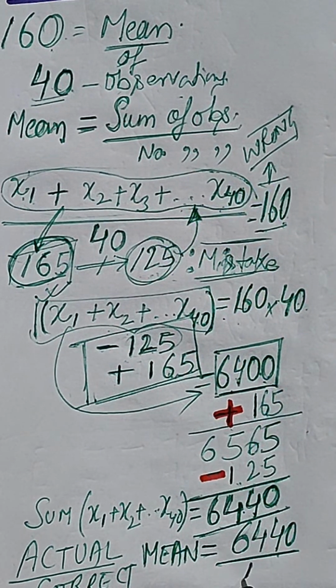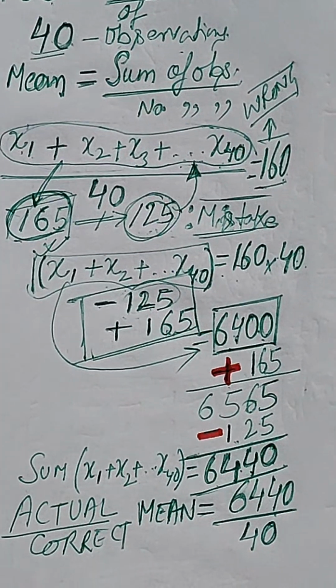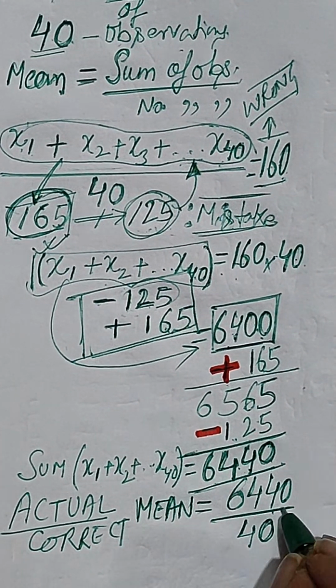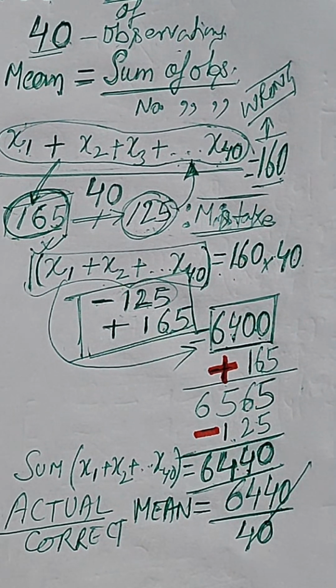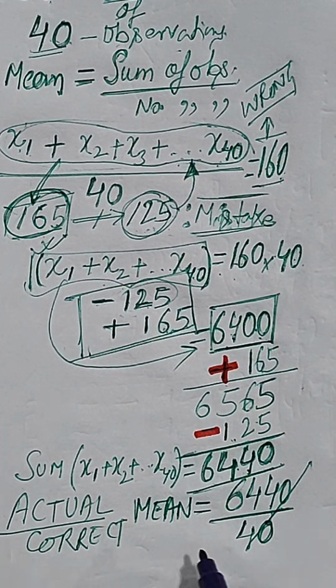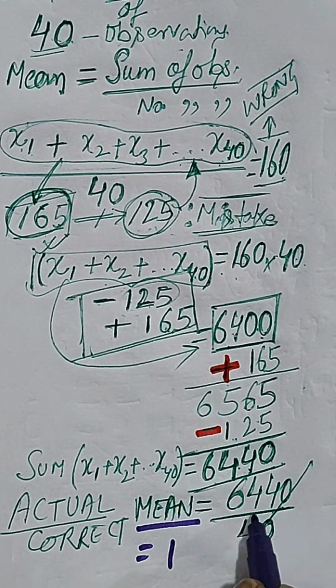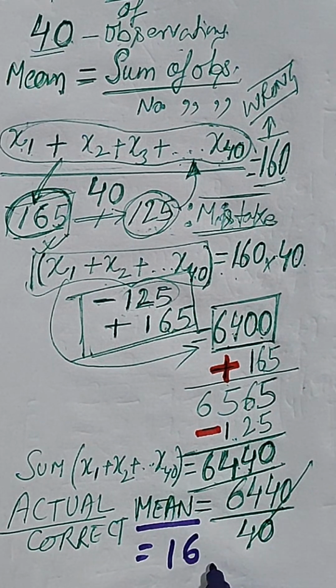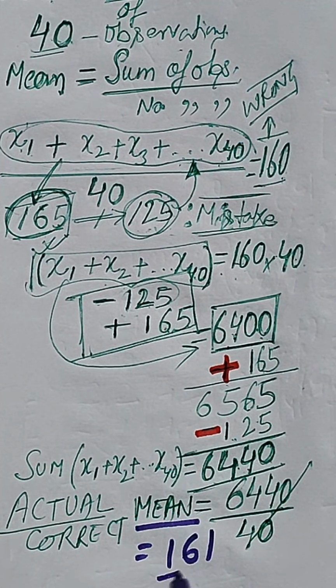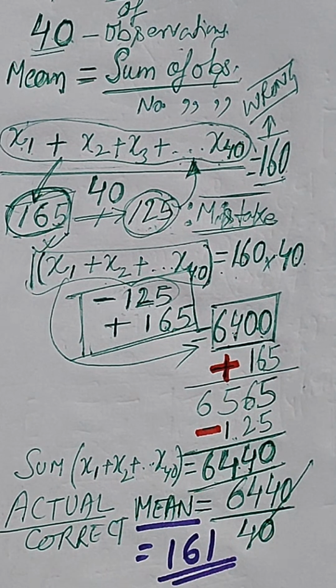This is 40. So on evaluation, you get 0, 0 will be cancelled out, and the mean is 161. So 161 is the exact value of the mean.